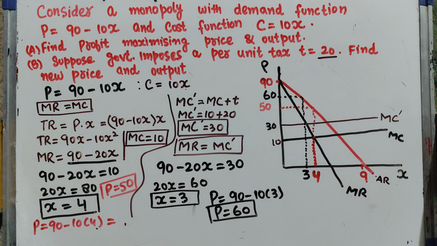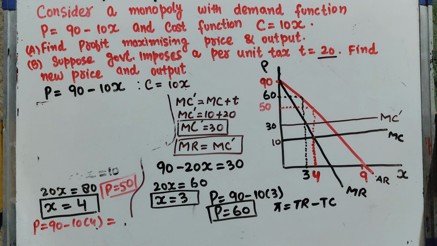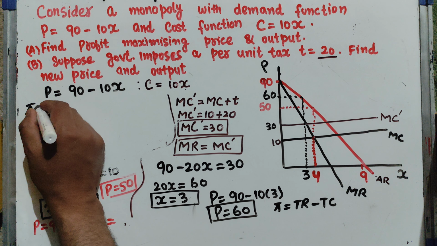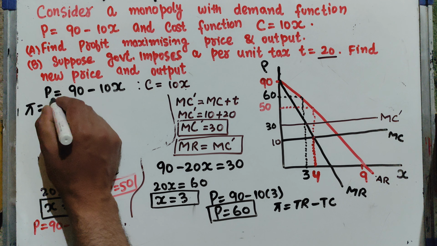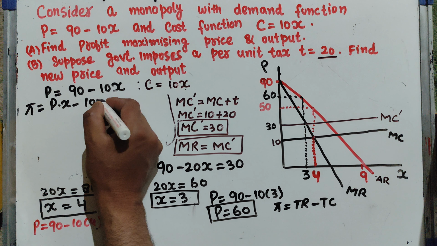Okay, we can also find out the profit for the monopolist. So we know that profit is simply equal to the total revenue minus the total cost. Before the imposition of per unit tax, profit will be equal to total revenue, which is price into output, minus total cost, which is 10 into x.